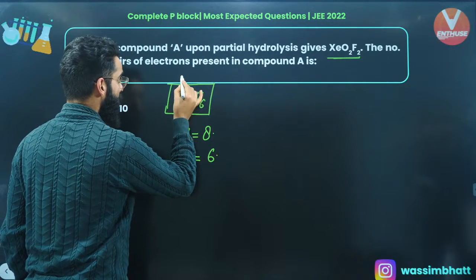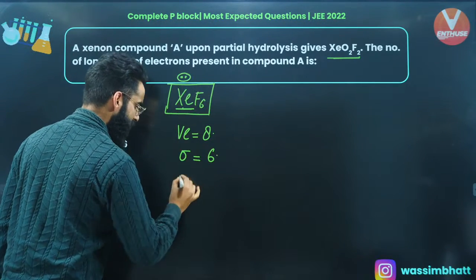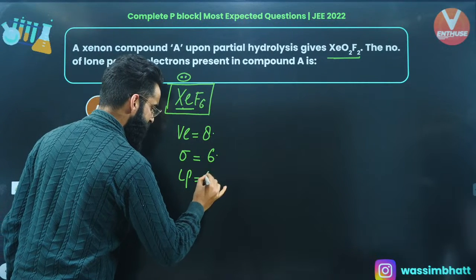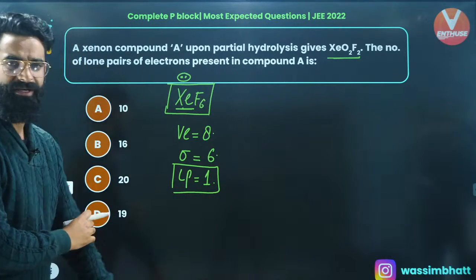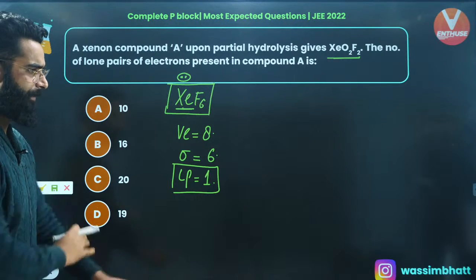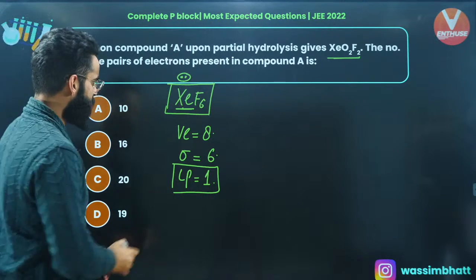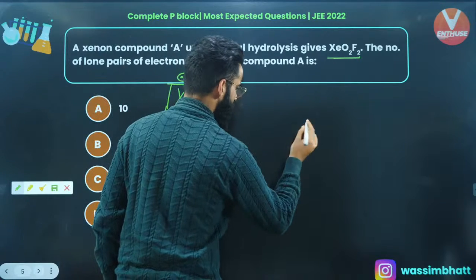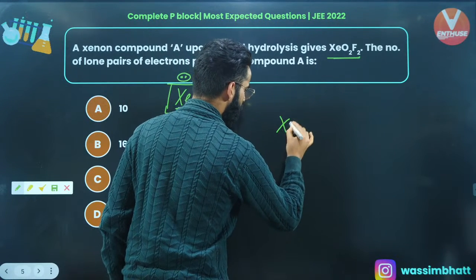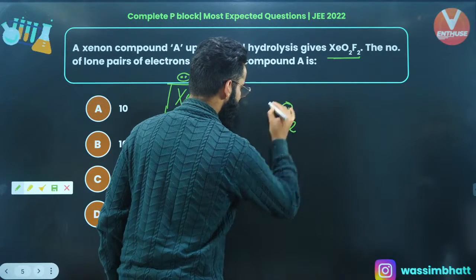So there'll be 2 electrons left on xenon in the form of its lone pair. So there is basically 1 lone pair on xenon, right?